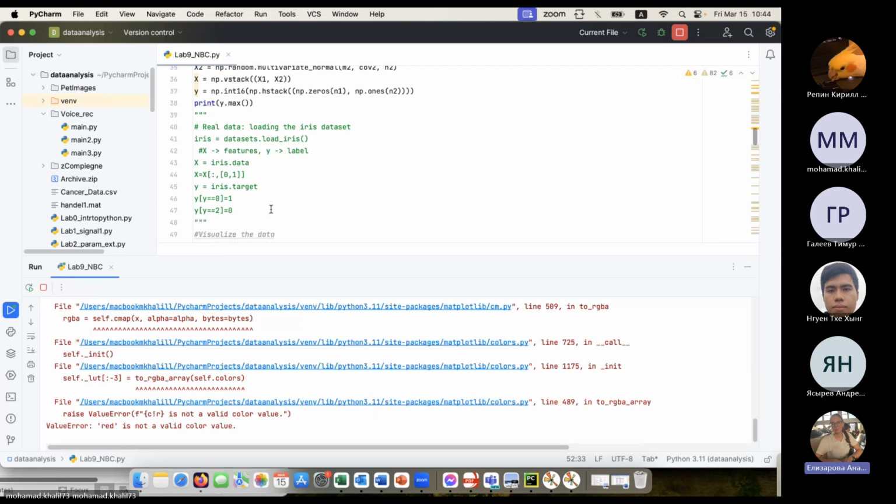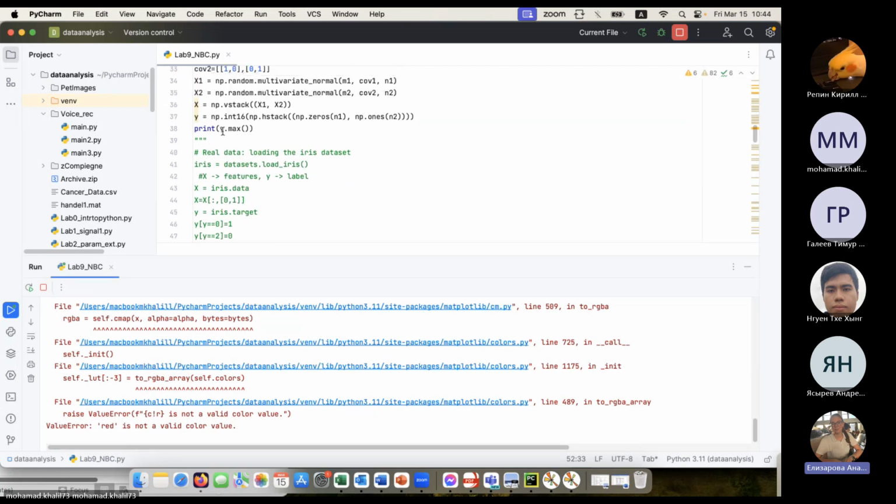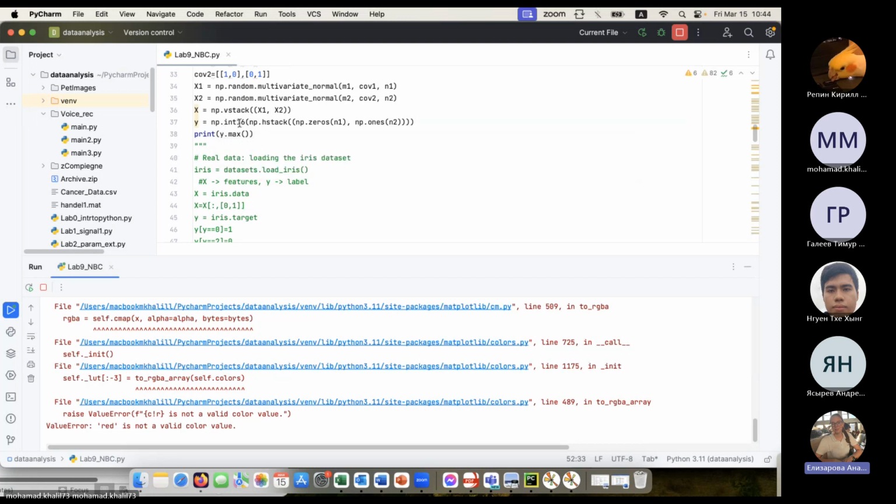When you change to np.int16, it works for me. I change it to np.int16. It works. Yes. What do you write? No, np.int16. Yes, I corrected it. Yes, I did it. Print y.max is 1.